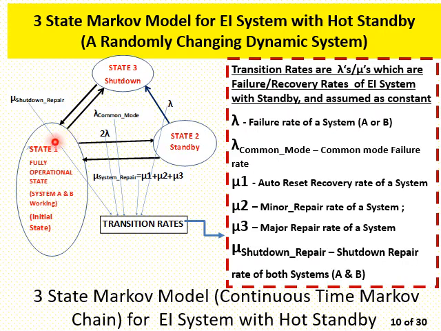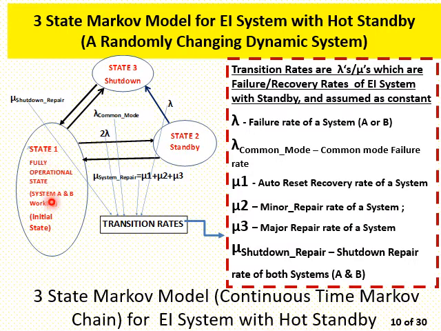So if there is a common mode failure, it comes to state 3. Similarly, from state 1 it comes to state 2 in the event of a failure of system A or B.